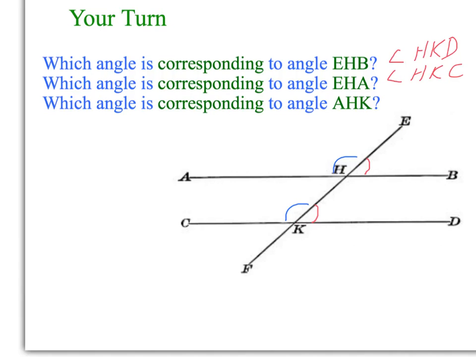So it's this one. It has to be below the parallel line to the left. That would be this one. So it's angle FKC. That would be the corresponding angle.